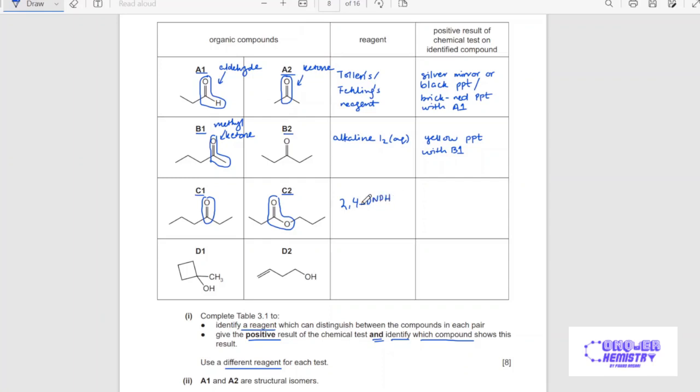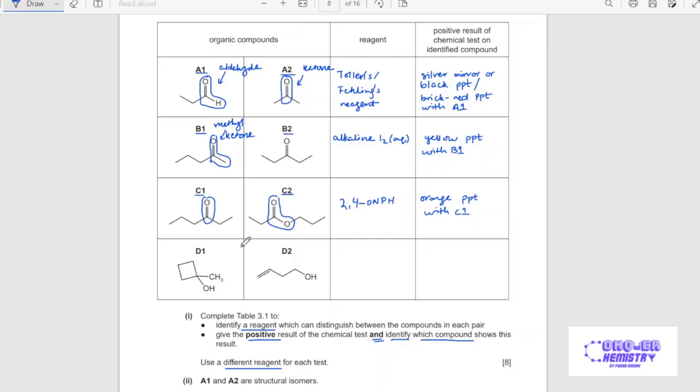You don't need to write the full name. 2,4-DNPH. And this is going to give you an orange precipitate with C1, because that's the ketone. That's the carbonyl compound that we are dealing with.